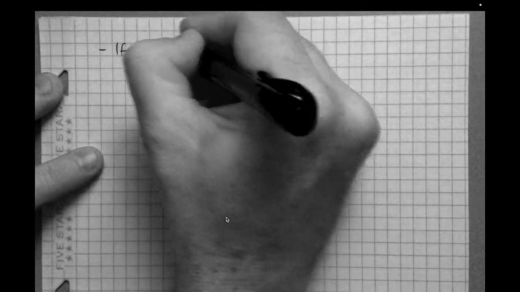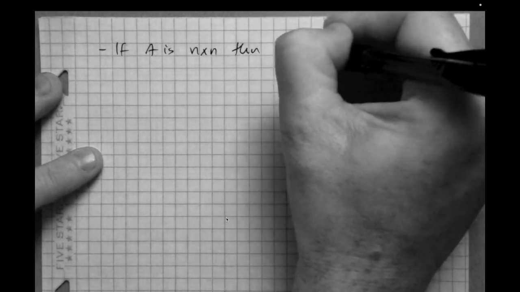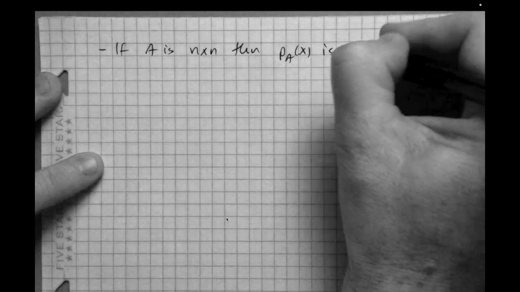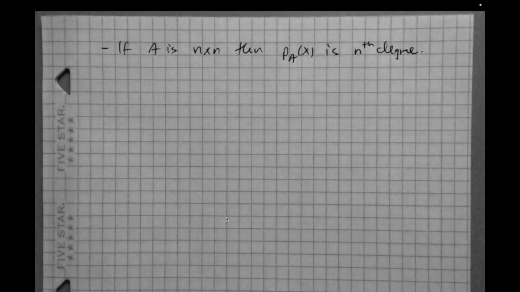If A is n by n, then P of A is nth degree.